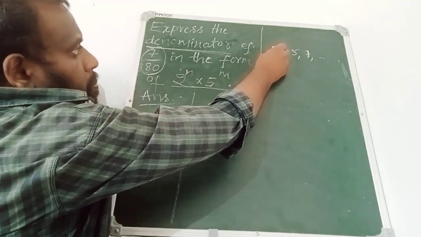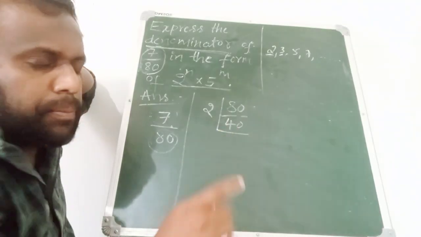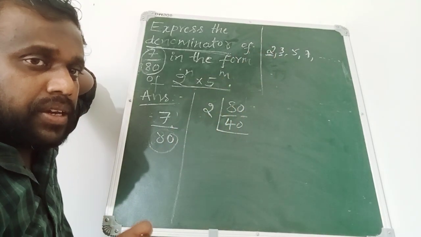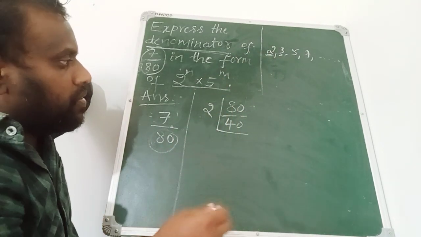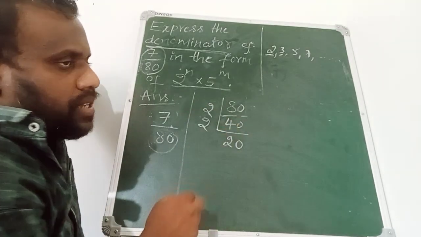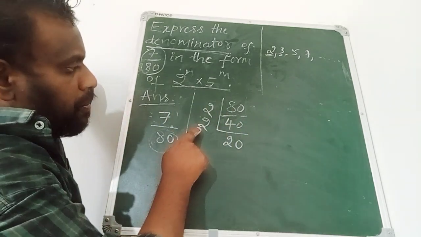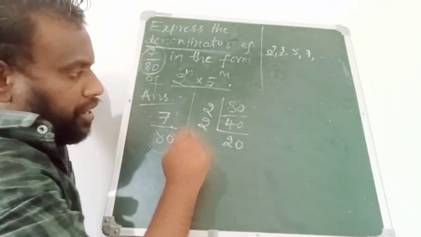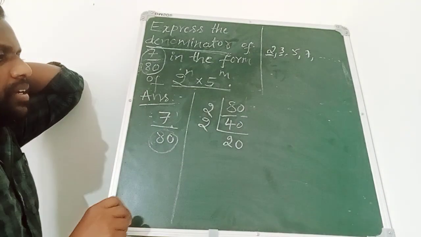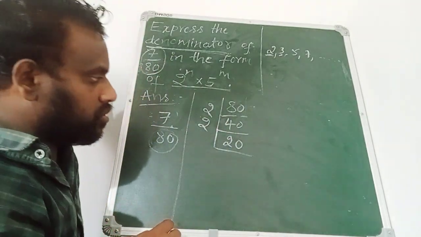Now again the same first prime number. Check whether this 40 is completely divisible by 2 or not. It is completely divisible. How? 2 twenties are 40. If you multiply 2 by 20, you will get 40. Next, draw like this.